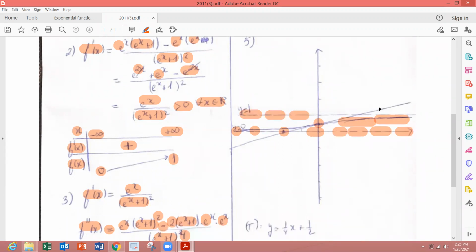And we locate and draw the tangent at the point I. Does the curve have particular points? No, we don't need particular points because we have two asymptotes. It is between the two asymptotes here.